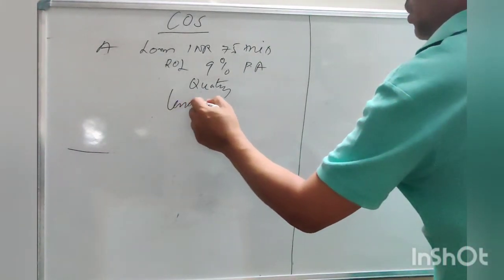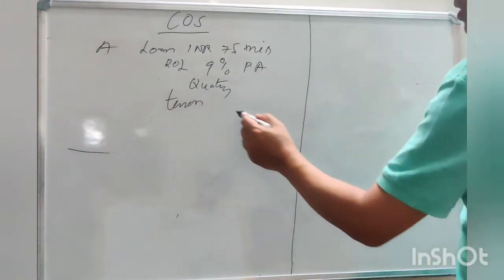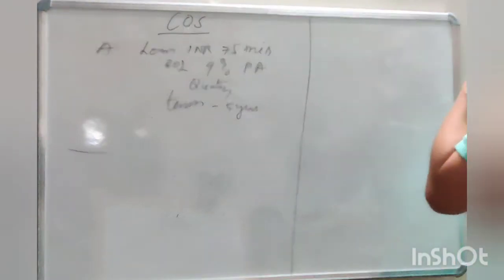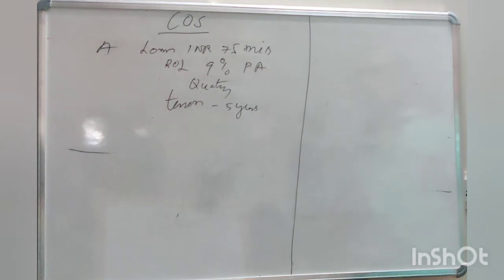Tenor is 5 years. There is no amortization. But the customer is in some kind of export business where they receive USD on a regular basis.